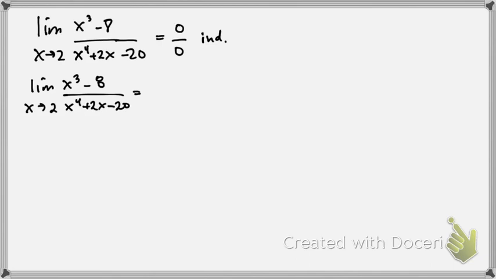So let's look at an example. If we want to take the limit as x approaches 2 of x cubed minus 8 over x to the 4th plus 2x minus 20, and I plug in my 2's, which is always our first course of action with any limit, we get 0 over 0, which is an indeterminate form. So L'Hopital's Rule, I'm going to put an LH, says I can rewrite this limit as the limit as x approaches 2 of the derivative of the numerator, 3x squared, over the derivative of the denominator, which is 4x cubed plus 2.